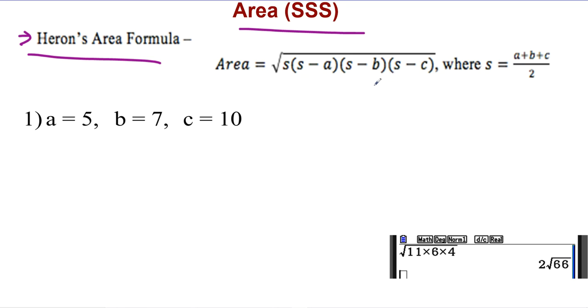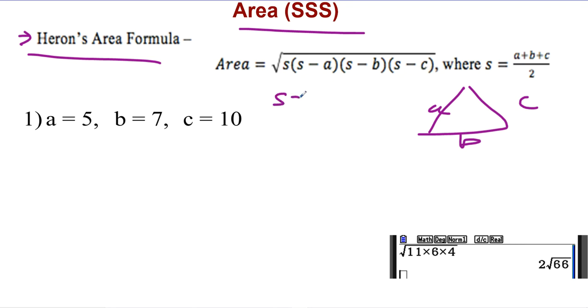Again, it has to deal with circles and a few other things. So the area is equal to the square root of s times s minus a times s minus b times s minus c, where your semi-perimeter is the three sides of your triangle, a, b, and c, all added together and divided by 2. And then you just put this right in. And that's exactly what we're going to do.